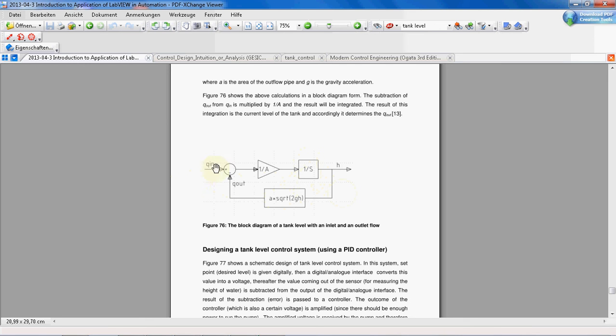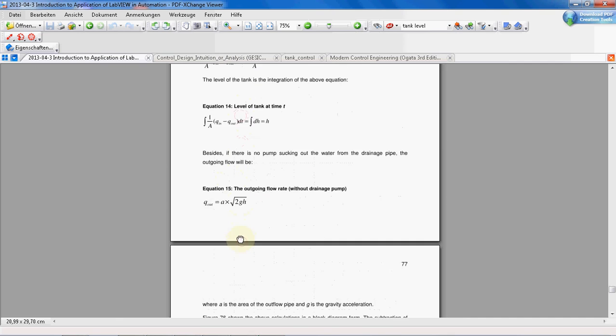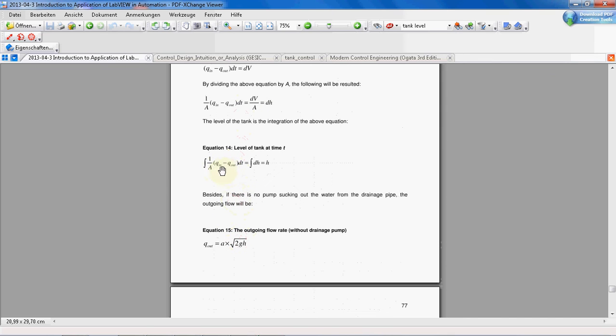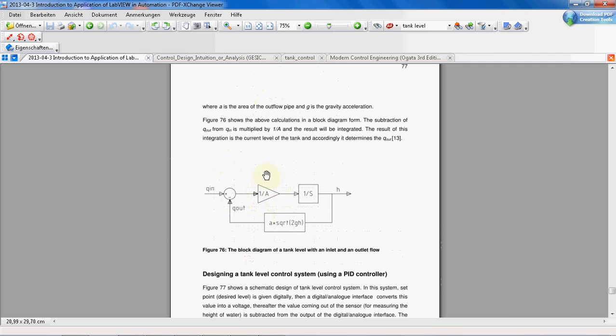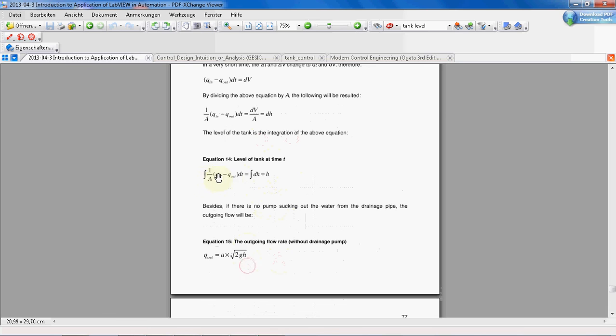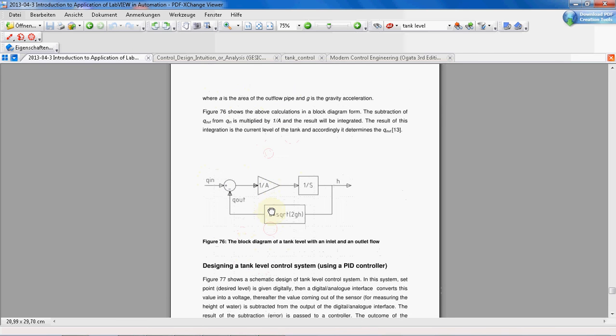This is Q in minus Q out, as we have here, multiplied by 1 divided by A, as we have here, and this is actually integration. 1 divided by S is the Laplace form of integration.